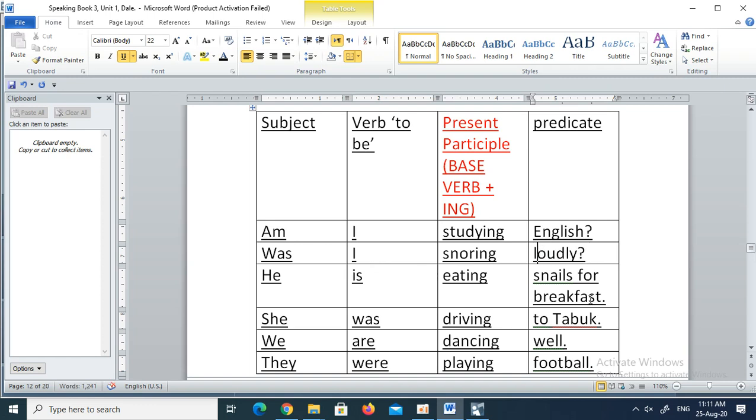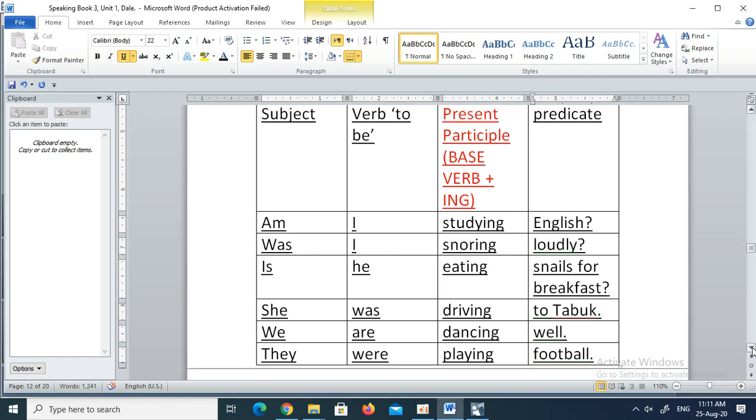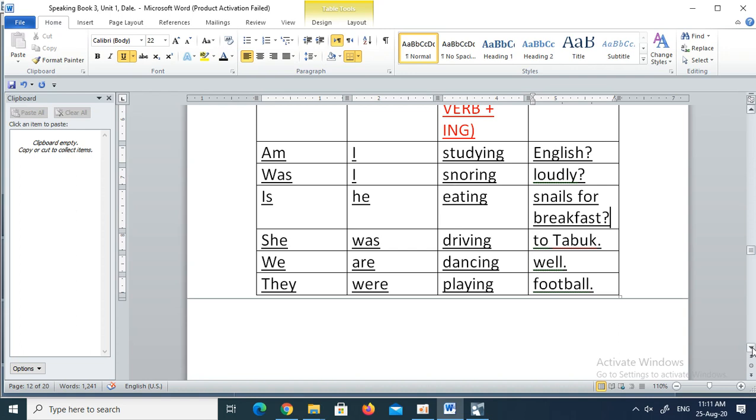He is eating snails for breakfast. If you want to make it a question, is he eating snails for breakfast? And again, we put a question mark. If we have a statement, she was driving to Tabuk, and you want to make it the question, all you say is, was she driving to Tabuk?